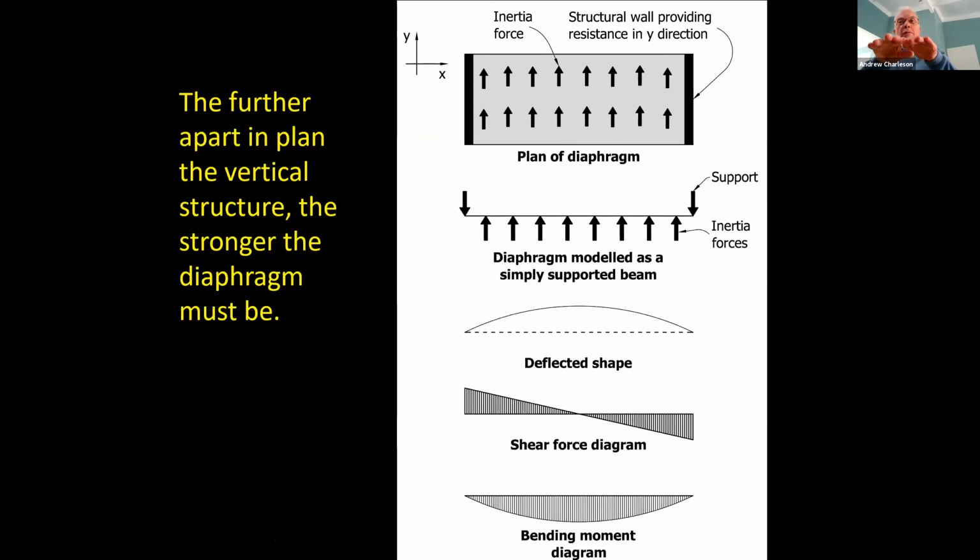I mean, most beams work vertically, but during an earthquake, your floor slabs and roof slab have got to create a horizontal beam action. And like any beam, it has a deflected shape, it has shear forces in it, and it has bending moments like this.